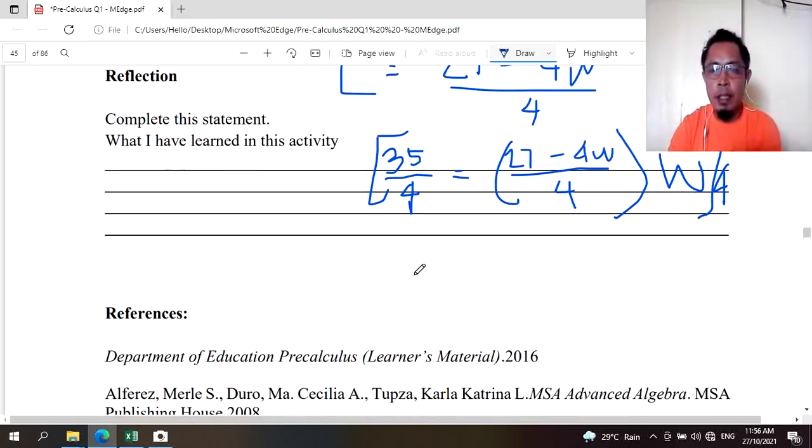Then that gives us now 35 is equal to, we have 4 here being cancelled.